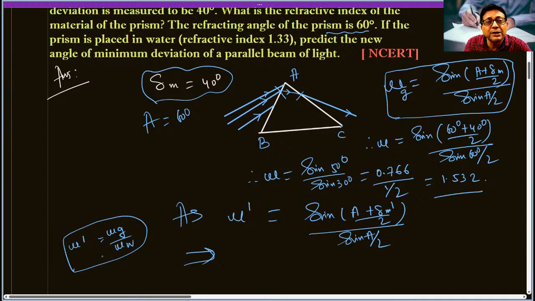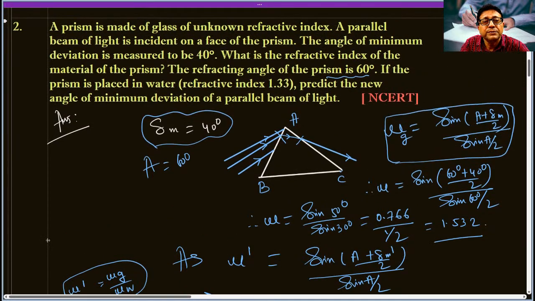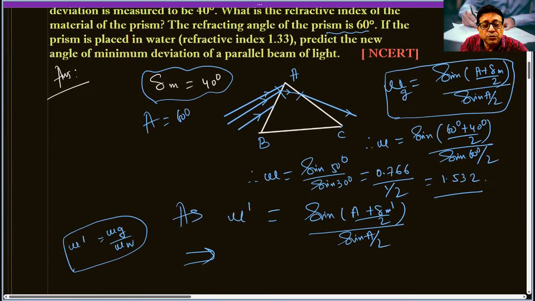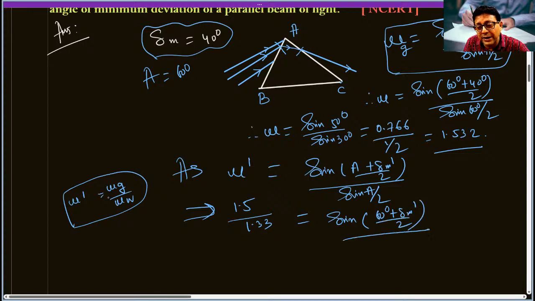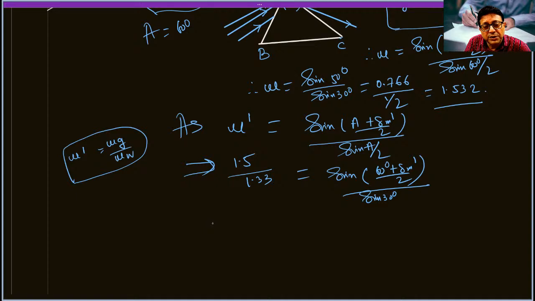So just put there the value of mu g, that is 1.5, you put directly 1.5, by 1.33, equal to sin (60 degree plus delta m dash) by 2, divided by sin 30 degree. Clear?